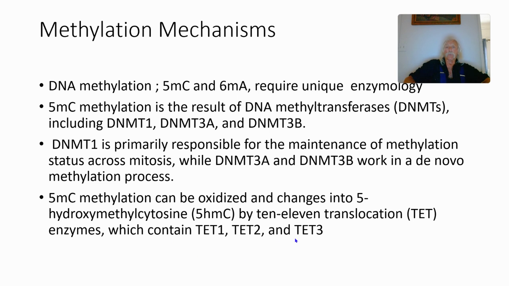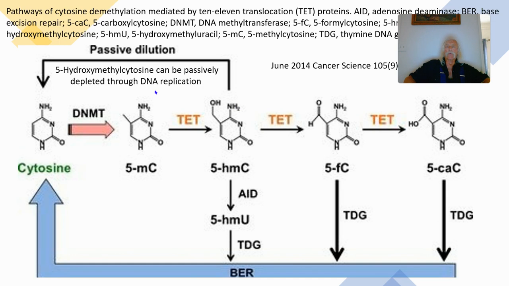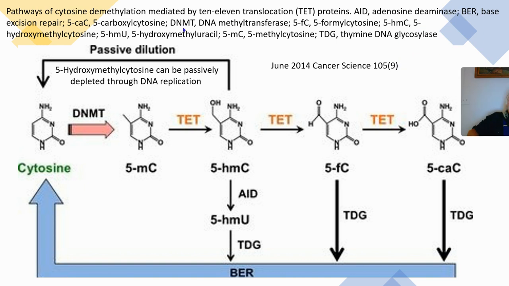We already went through this whole discussion here about the TET. In fact, there are 3 different TET proteins. You can see here, again, this is a passive dilution. For example, when you take a cytosine, methyltransferase, you make the 5-methyl-C, and you then start to oxidize by making 5-hydroxymethylcytosine.